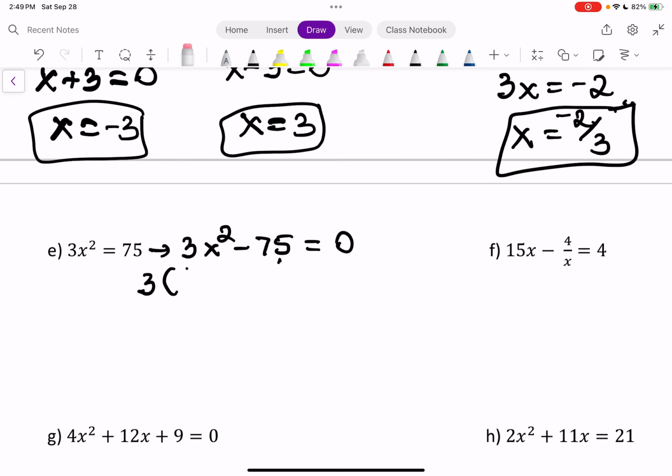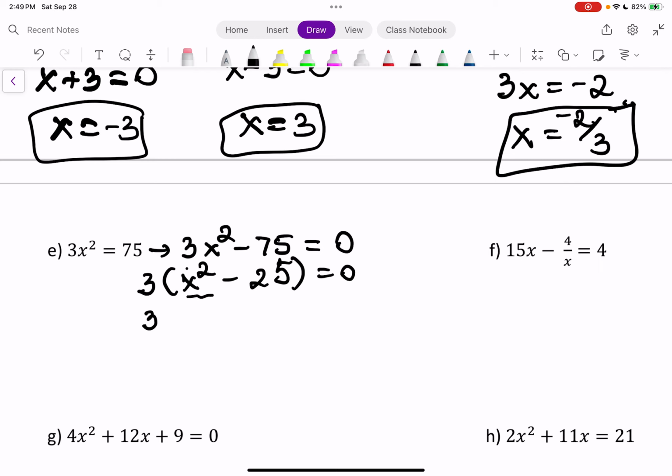So therefore, 3 is a greatest common factor. So once we factor it out, this is what we get. To factor out a greatest common factor means to divide all the terms by that greatest common factor. We'll pull it at the front.